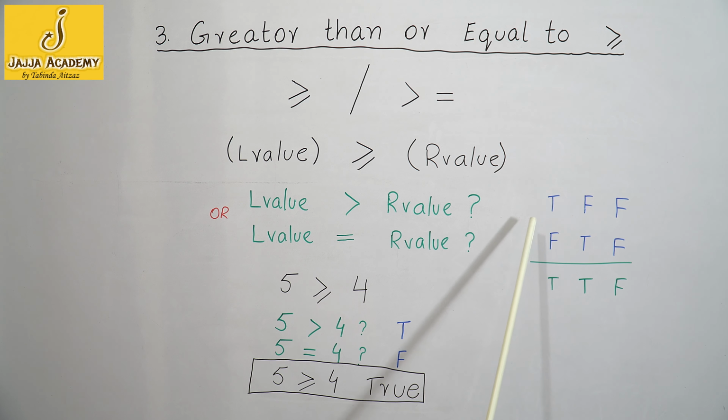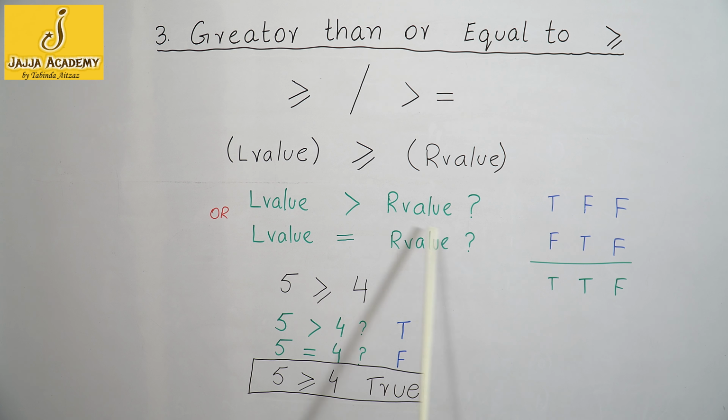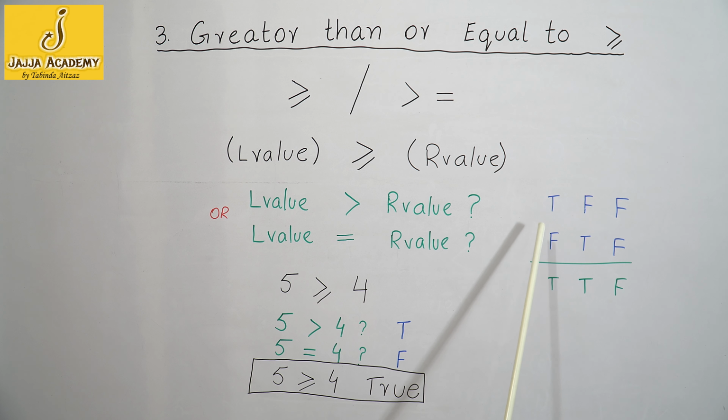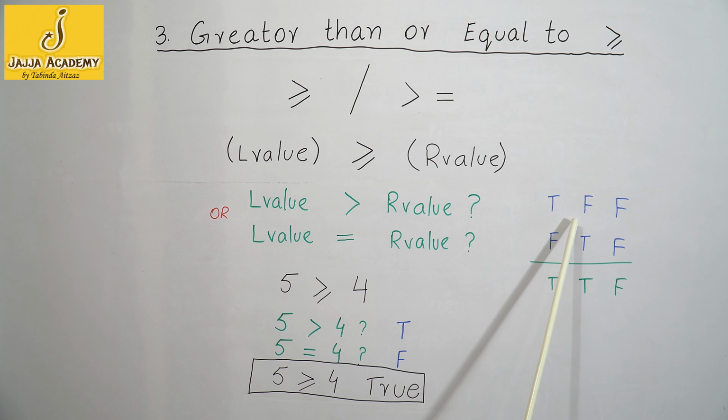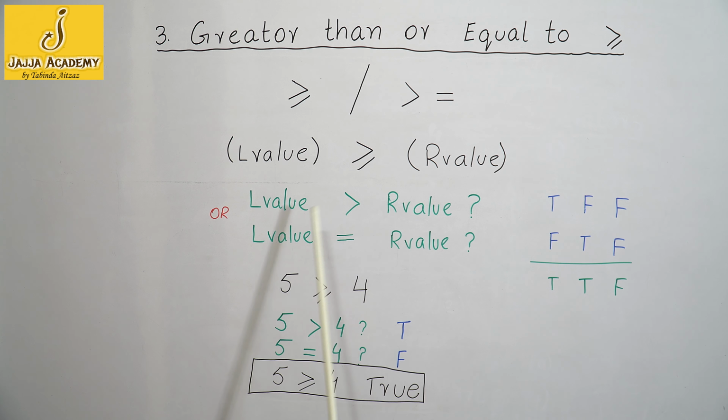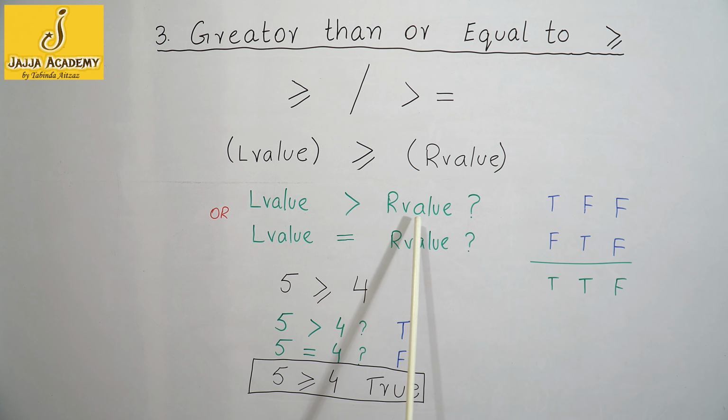There are some possibilities of results. If first condition is true but the second is false, the result of greater than equal to operator will be true. And if first condition is false, which means the left value is not greater than the right value.